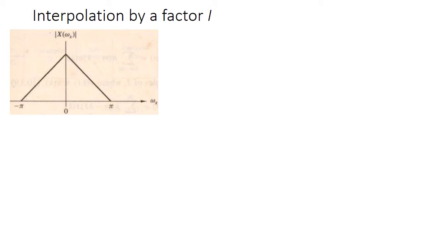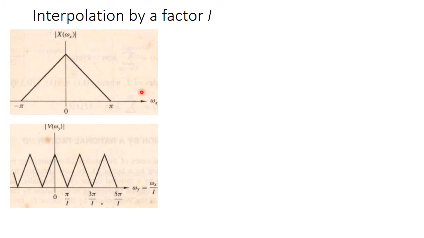Now let's say the spectrum of the input has the range from minus pi to plus pi. We are increasing the sampling rate by a factor I, and we will see the spectrum of the v of m signal, v of m in the time domain, and v of omega y in terms of spectrum. Now we can see the similar shape has been repeated many times.